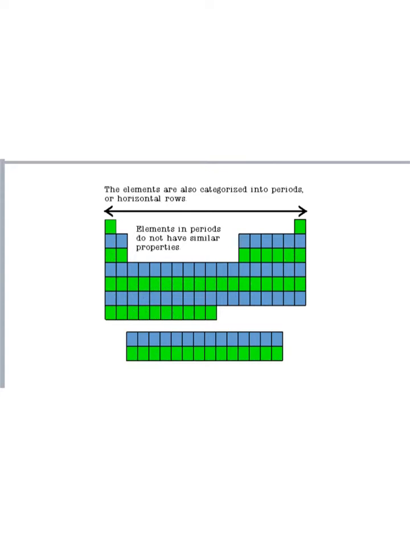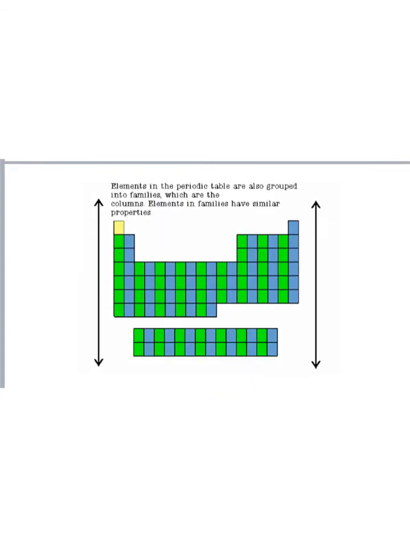And elements in the same period do not have similar properties. That's very important. They do not have similar properties. So as we move across these periods, these elements are not similar to the ones next to them. However, in our families or groups, there are similar properties in these.